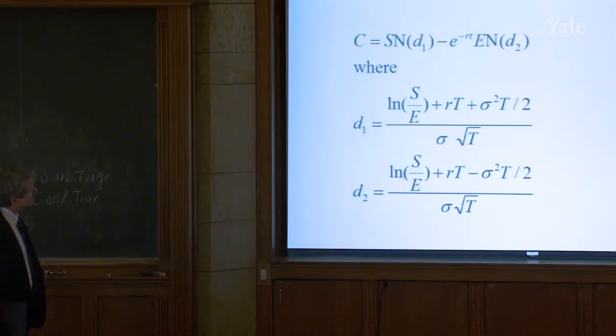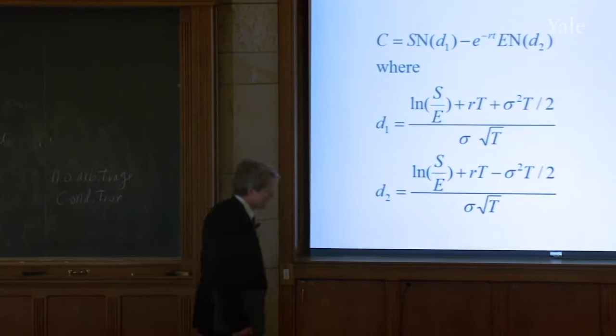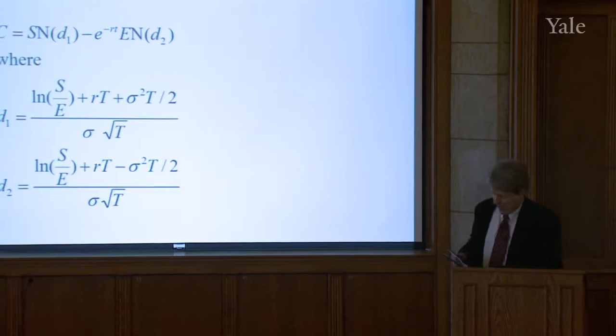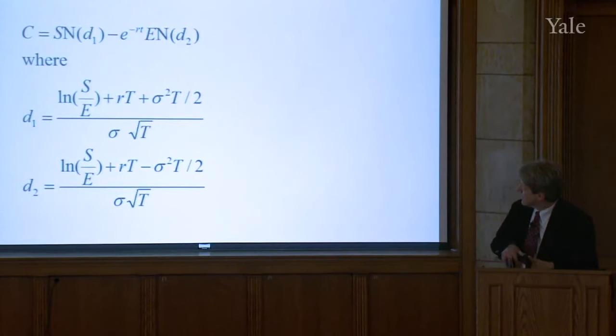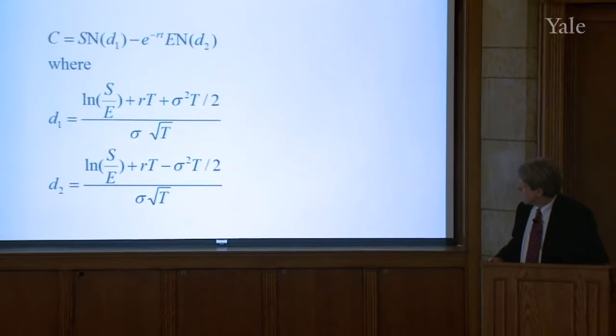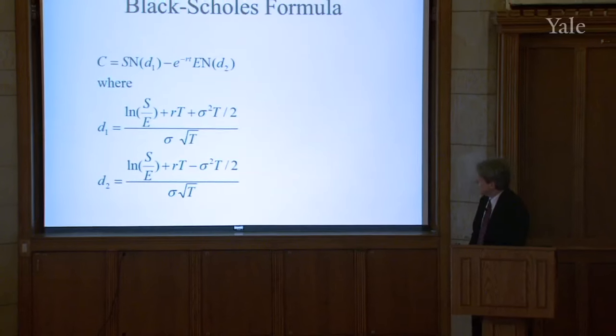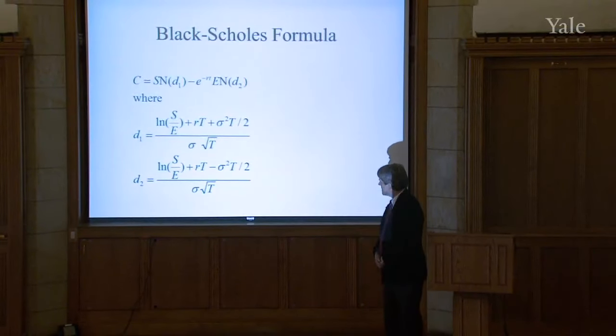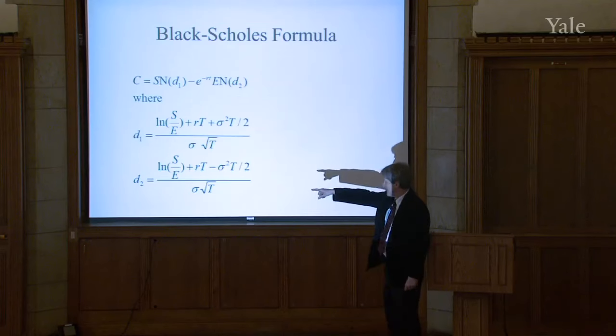I see him at our Chicago Mercantile Exchange meetings. Fisher Black passed away. So it doesn't have the probability that the option is in the money either, but it looks totally different from the formula that I wrote over there.